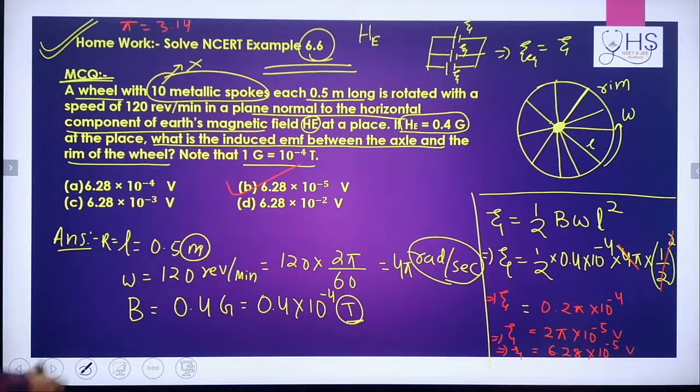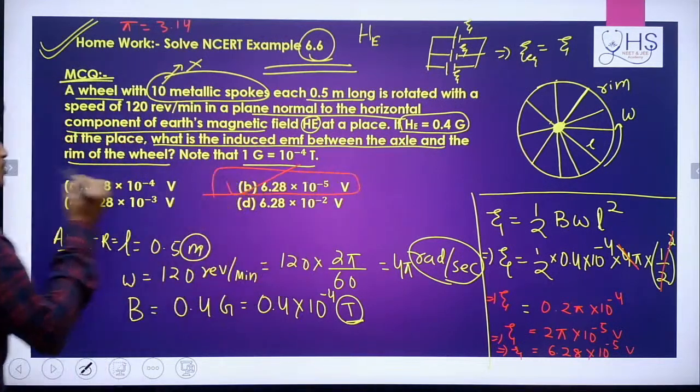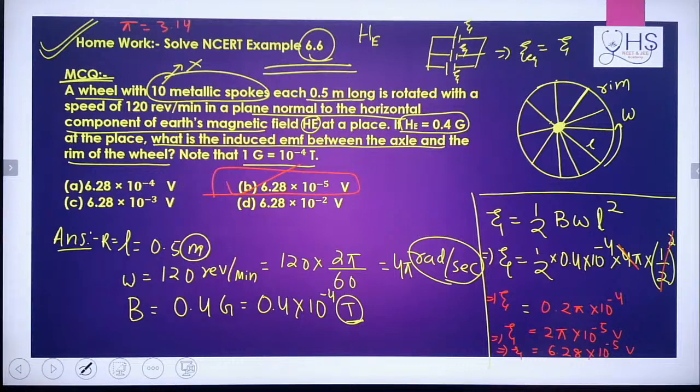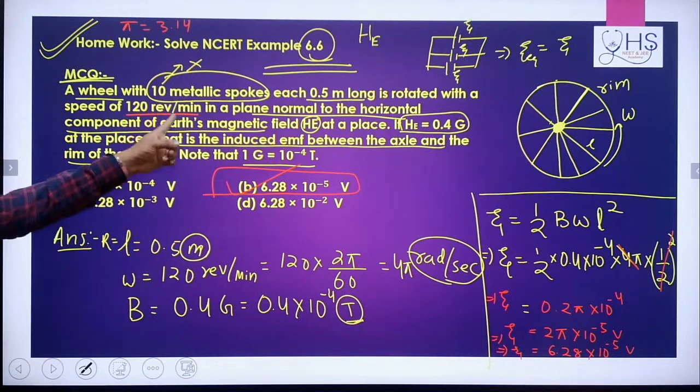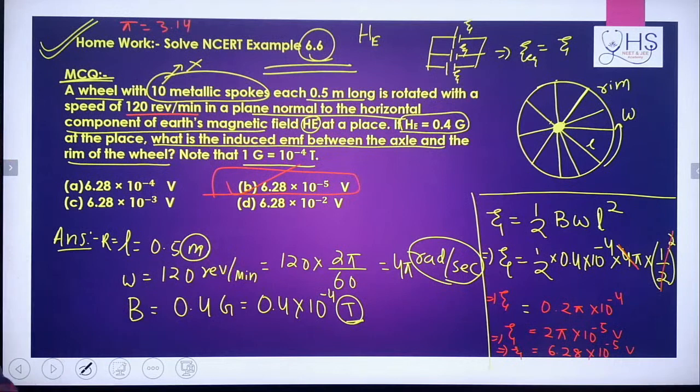So the answer will be B here. I hope you understand. So the concept to remember is half of B omega L square. Omega is angular speed or angular frequency, but you are converting that unit correctly to radian per second, and you are not multiplying by 10 here, because if you multiply by 10, that will be the answer, which is incorrect.